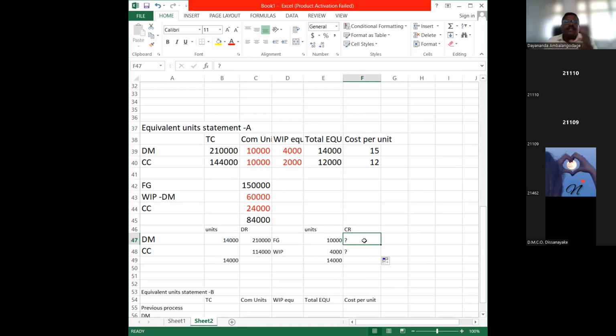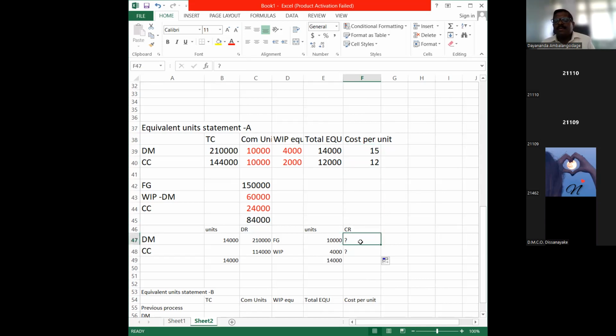So in this particular business, process A has 10,000 of finished goods and 4,000 of WIP. How are we going to value it? Since it involves WIP, you have to prepare the equivalent unit statements and calculate the cost per unit. I have calculated.